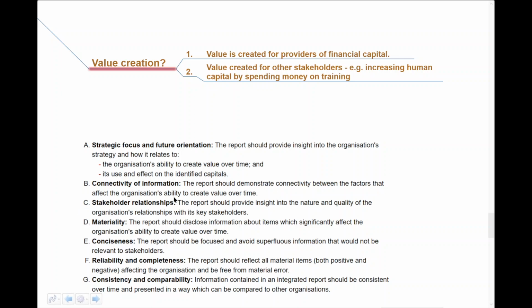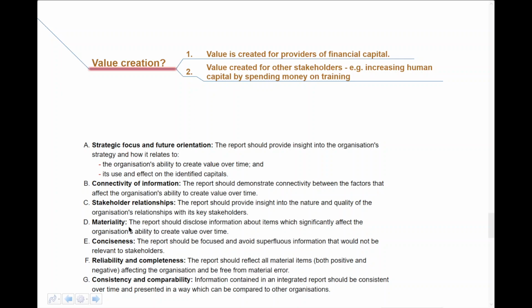In terms of the stakeholder relationships, I think we're pretty clear on what that means: how the business develops and maintains relationships across time. So it should certainly provide insight into the nature and quality of those relationships. Really give as much detail as you can within reason.